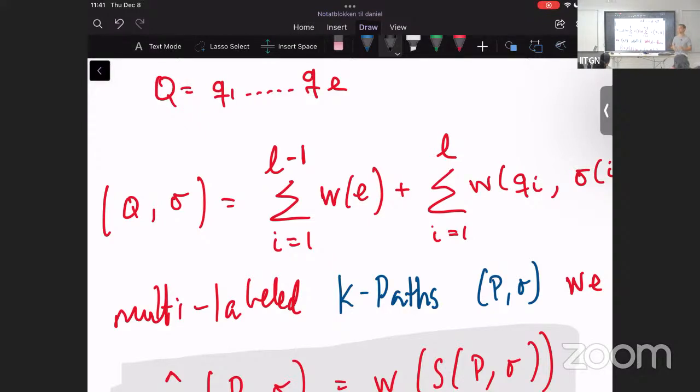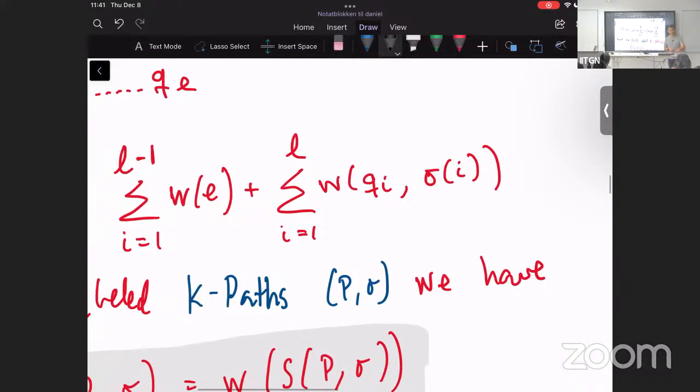Even if I visit the edge more than once, I'm going to use the weight only once. And if I use the same vertex label pair more than once, I'm going to only look at the vertex label pair once as well.